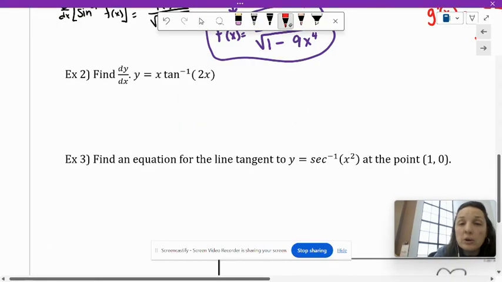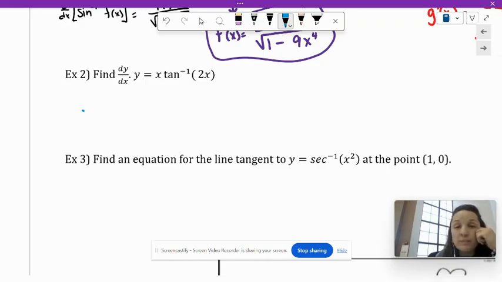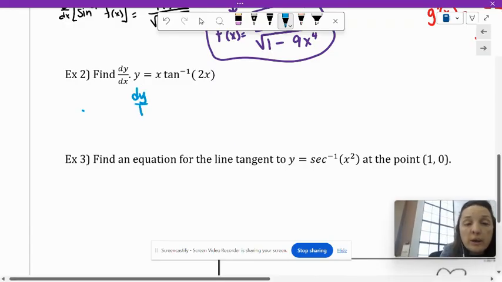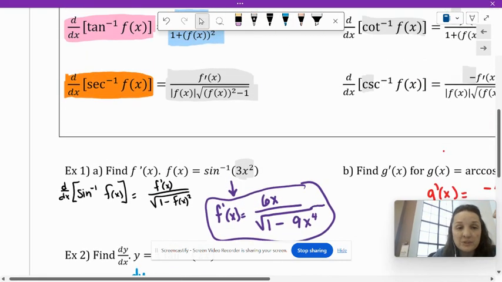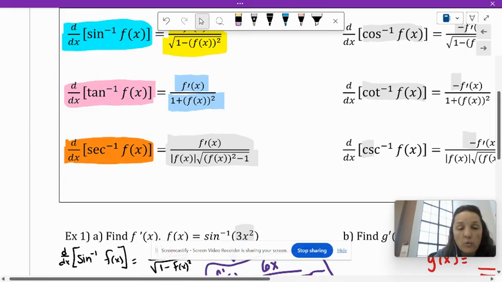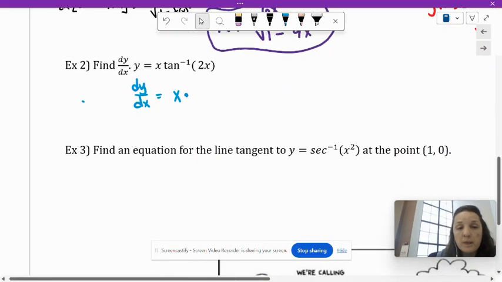When we come here, find the derivative dy dx if y equals x times inverse tan 2x. Well, we have a multiplication, so we need the product rule. dy dx is the first times the derivative of the second. The derivative of inverse tan is f prime over 1 plus f squared, so the end's derivative over 1 plus the end squared.